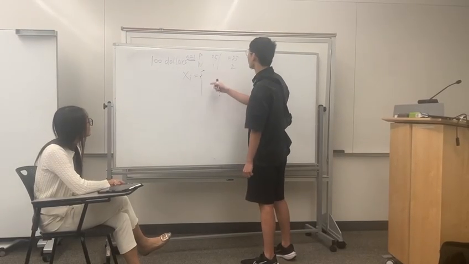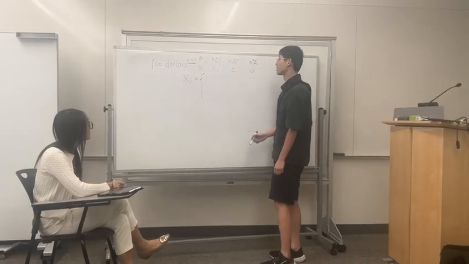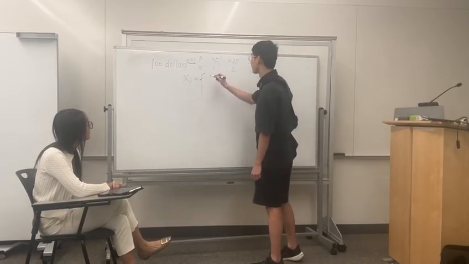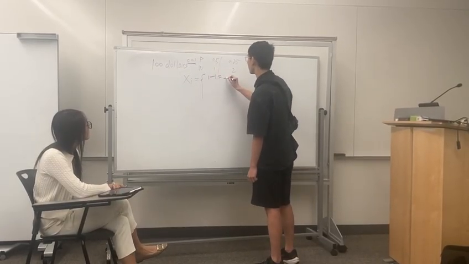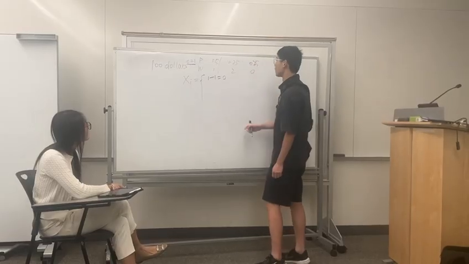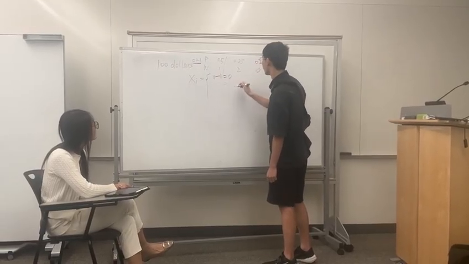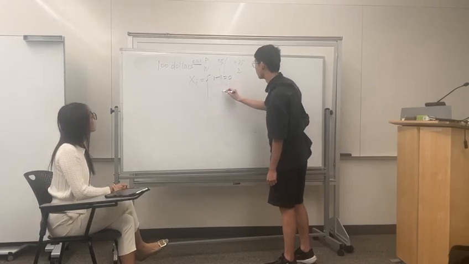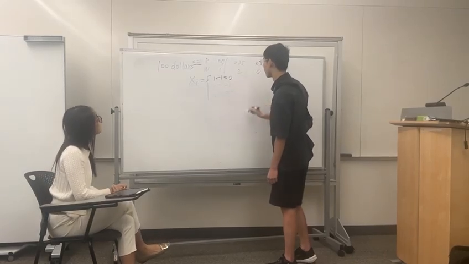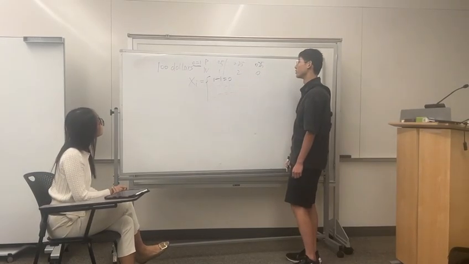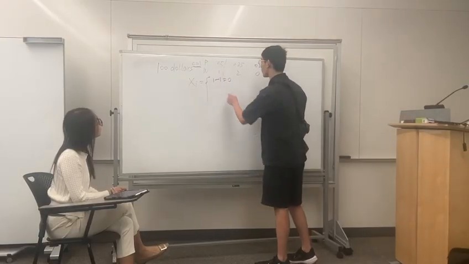If we win $1 in a game, then the gain will be 1 minus 1, which is 0. And if we win 2, we will gain 1. And if we win 0, we will have a negative gain of -1. That is because each game costs $1.